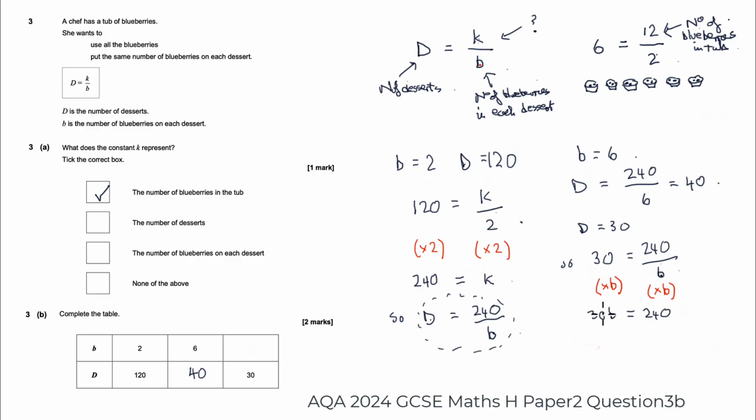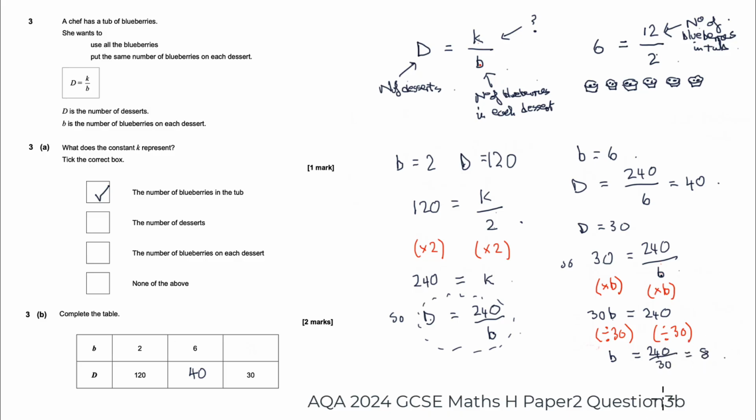Let's get rid of this divide by multiplying by 30. Opposite would be divide by 30. So if I divide both sides of this equation by 30, we should end up with b on its own, 240 divided by 30, and again your calculator will help you here.